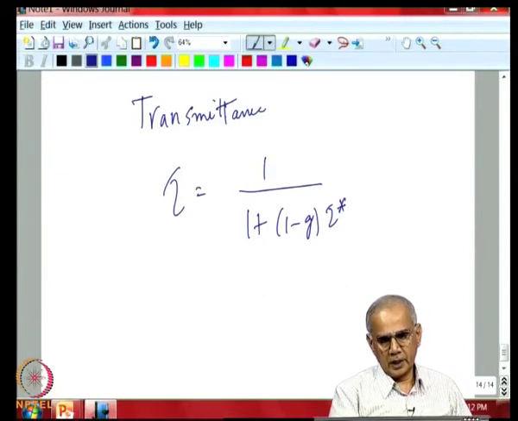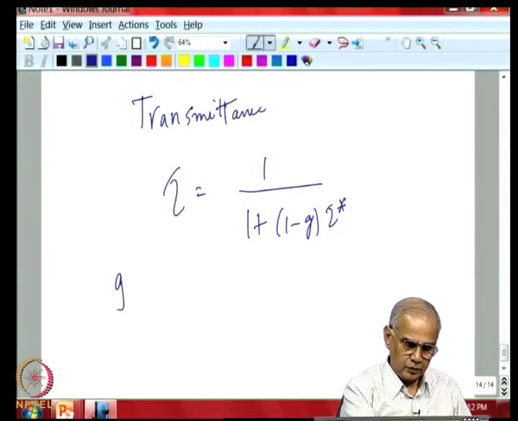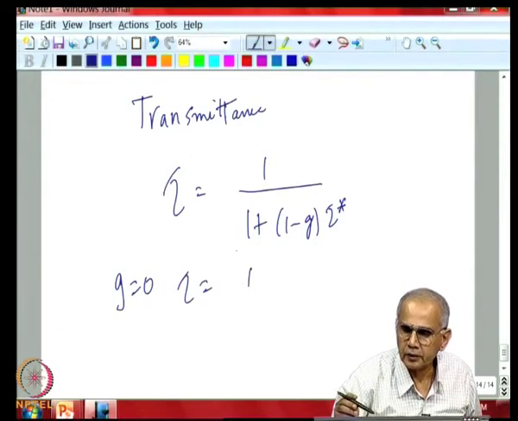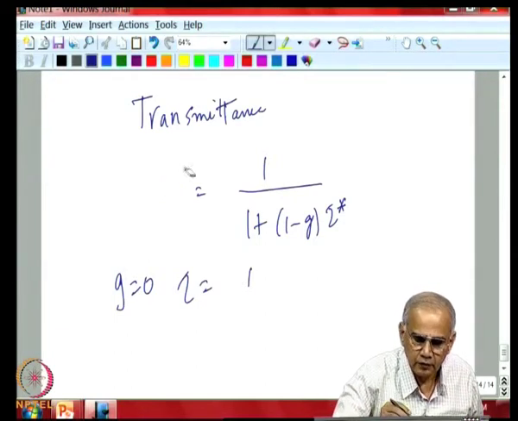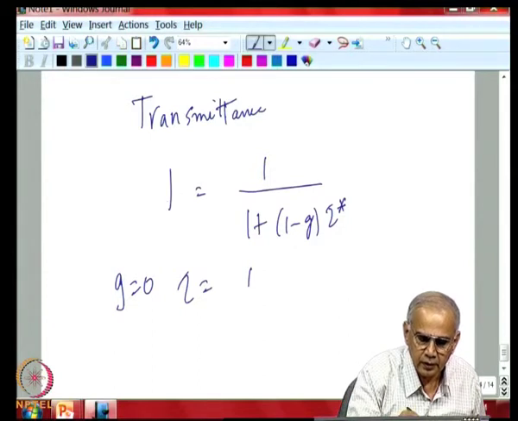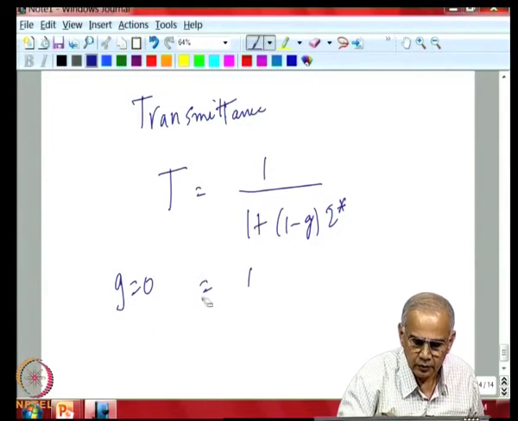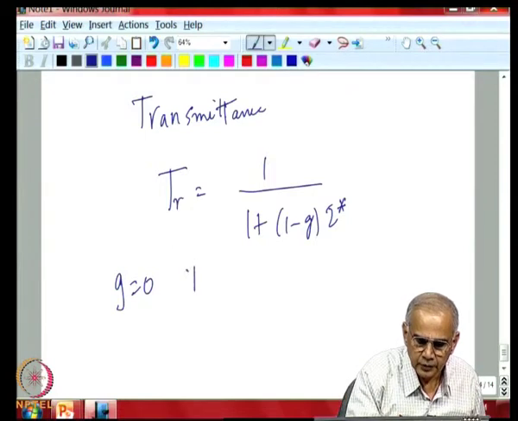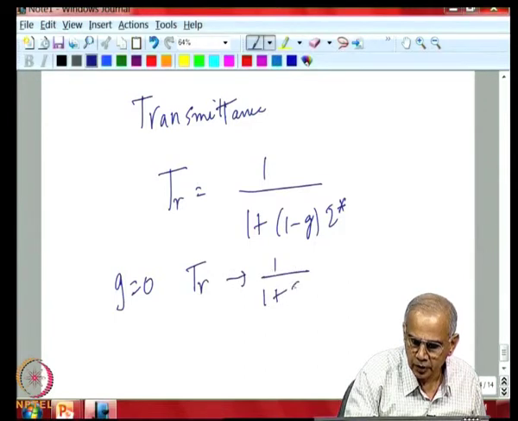And again you see that if g equal to 0, you have isotropic scattering; I will call the transmittance Tr, a different notation, because we do not want T. So, transmittance Tr is 1 by 1 plus tau star.